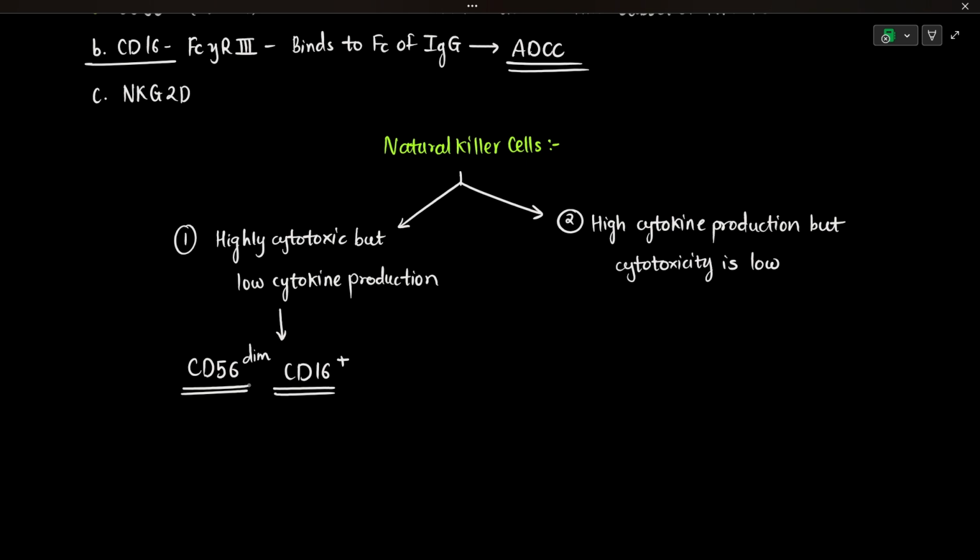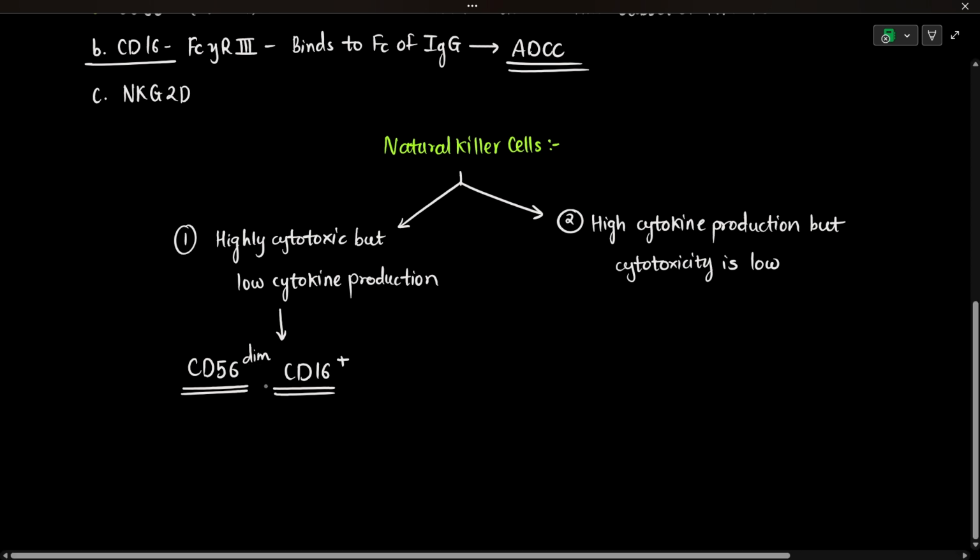This is the result of flow cytometry, and that is why we call those cells CD56 dim: during flow cytometric analysis, the intensity of color is very less, because the CD56 expression is less, whereas they do express CD16.